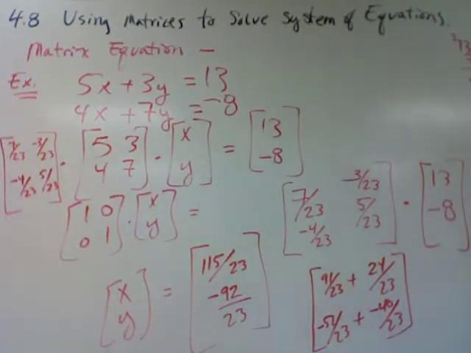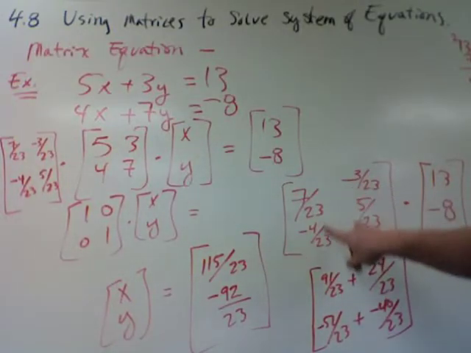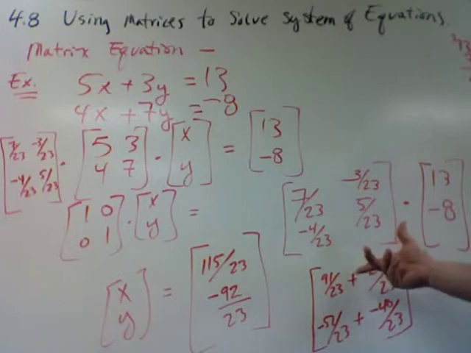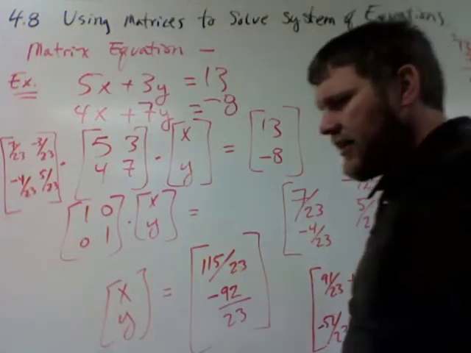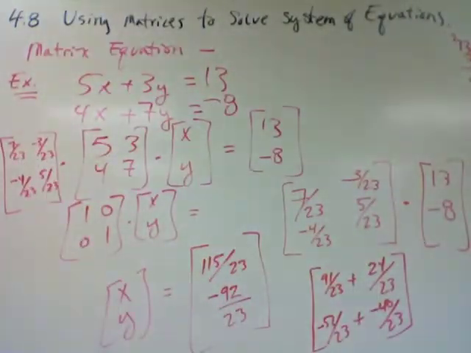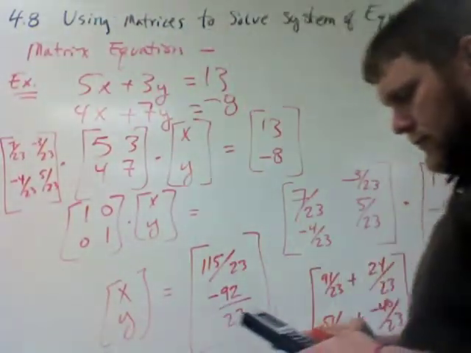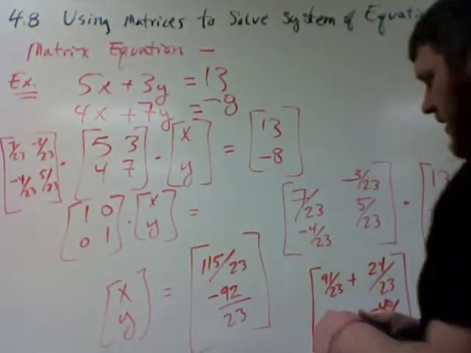Okay, a lot of math here when this turned out not to be so pretty, didn't it? That probably will happen quite a few times. But this possibly might divide out evenly.